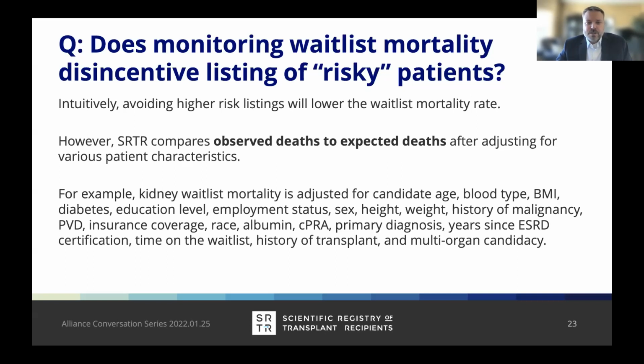Now here we're talking specifically about waitlist mortality, so that donor side of the equation is not there, but the same concept applies. We do adjust these models, and I've listed out here what's currently included in, for example, the kidney waitlist mortality model. So there are many things that go into that calculation.